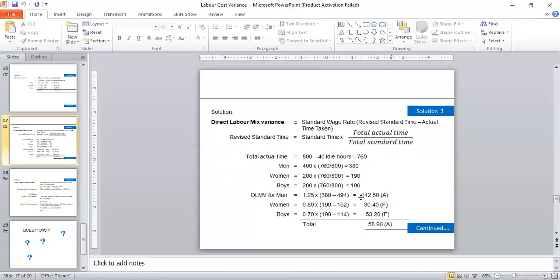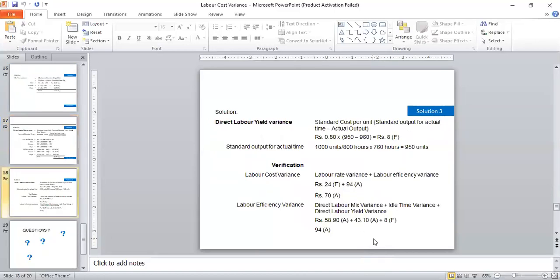Total of this labor mix variance is equal to rupees 58.90 adverse. Now we are discussing the direct labor yield variance, that is equal to standard cost per unit into standard output for actual time minus actual output.